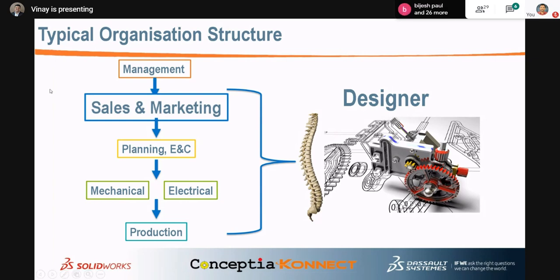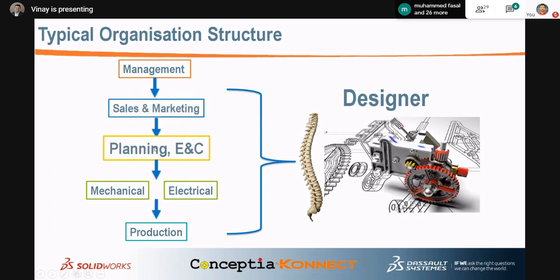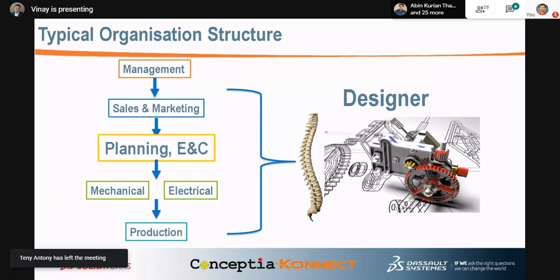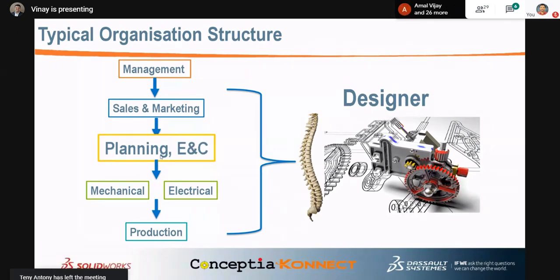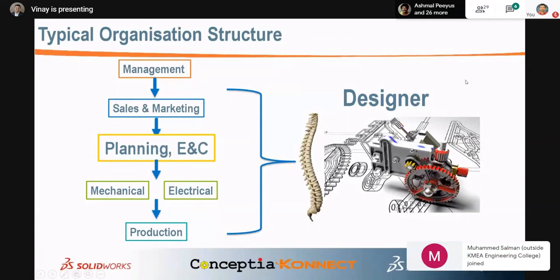After getting the sales, what will they do? They will submit the project to planning and estimation costing. So what will this department do? They will do the planning: whether the machine is available for us to manufacture, what processes I need to manufacture that, whether the material is there, what is the cost of the material. Everything they will plan. But to plan that, who will give the input?